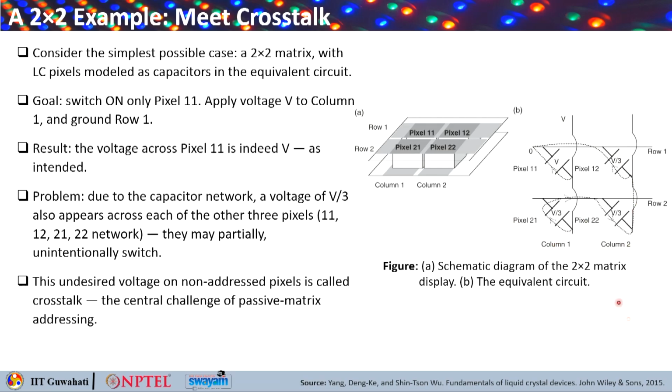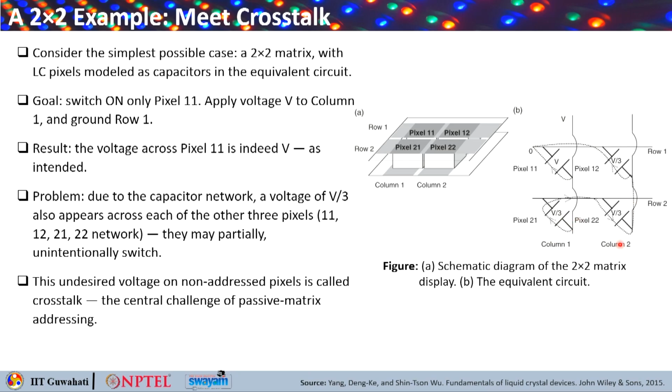This unwanted voltage appearing on these pixels is known as crosstalk. It is the central obstacle to every passive matrix driving scheme, including the one developed in the rest of this section, where we will show that you can specifically design the driving scheme to minimize this crosstalk.